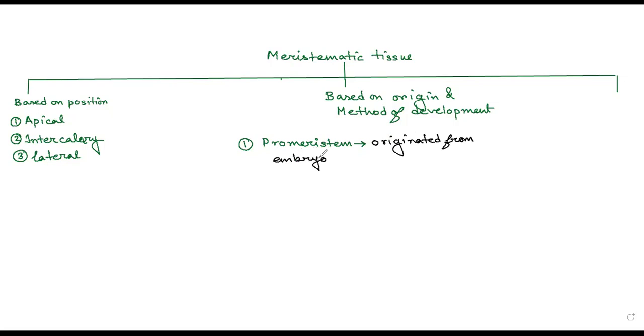You will study about the development of embryo in higher grades next year. Okay, so as it is originated from embryo, it is also having other names like primordial meristem, or it is also known as embryonic meristem.